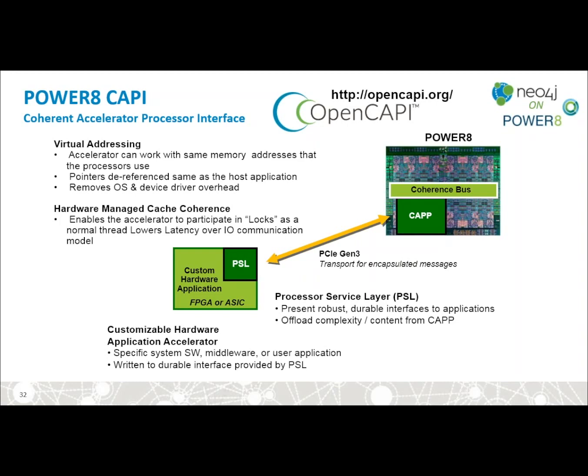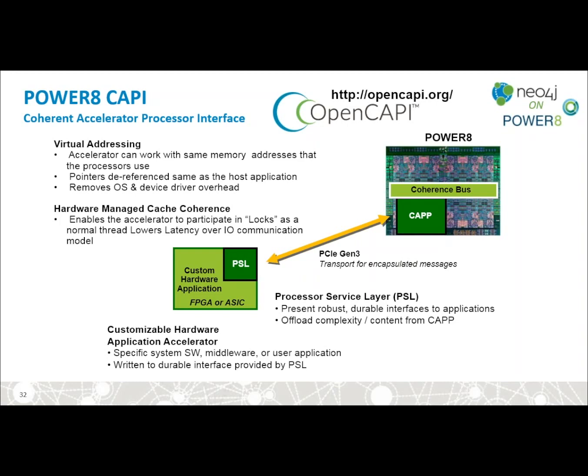And in fact, just earlier this month, we announced the next generation of CAPI called the OpenCAPI project. You can learn more about it on the opencapi.org website, where we are partnering with a number of players to drive CAPI much more broadly than just IBM, in the spirit of partnering with industry players to drive innovation.